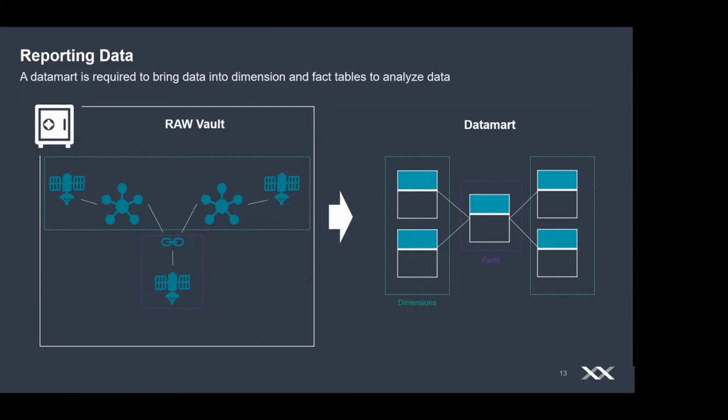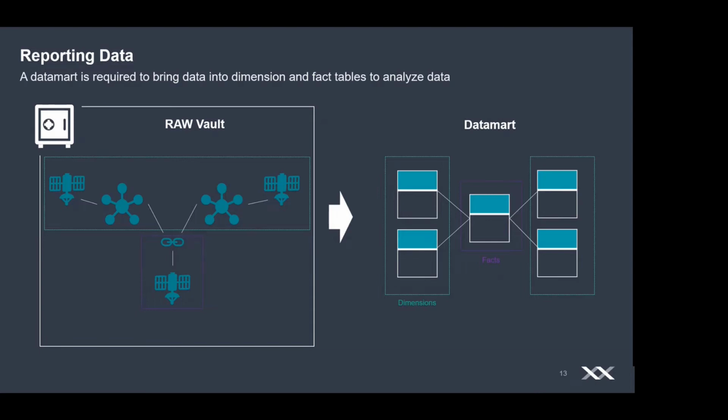But in the end, you always still need a data mart, with a classical star schema, since data vault is not optimized to be used for business intelligence purposes. The hubs and the satellites are building dimensions, and the links and their satellites will be building the facts.